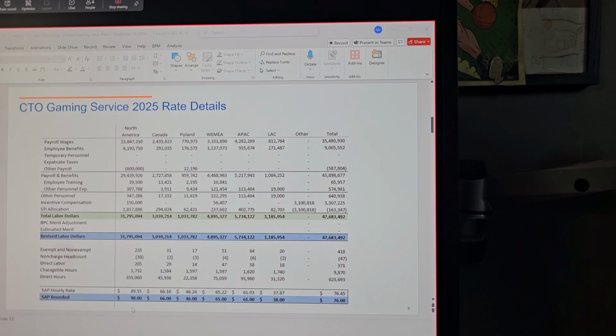We know that there's just more being baked into the overhead, if that's what you want to call it, the benefits plus, and then the billable hours being used is the other difference. And if that's true, then I'm satisfied.